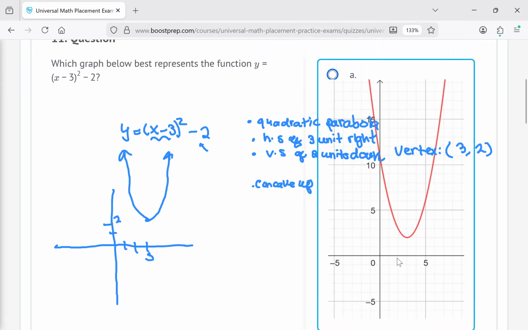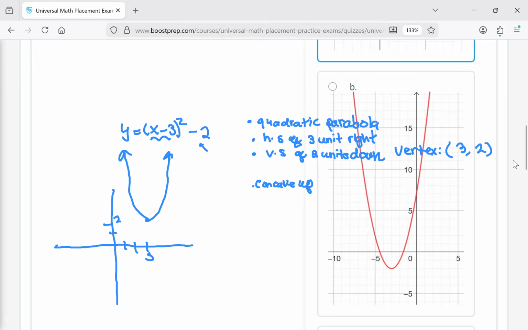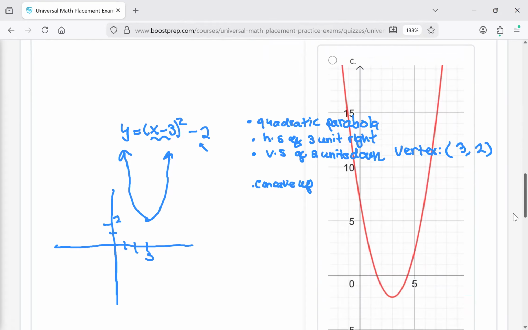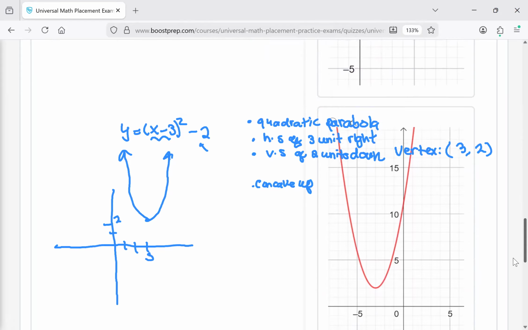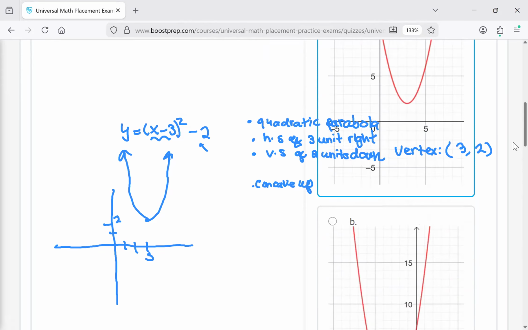Is it A? Maybe. 1, 2, 3, 1, 2. Yes. Is it B? No. Is it C? No. So I think it's A.